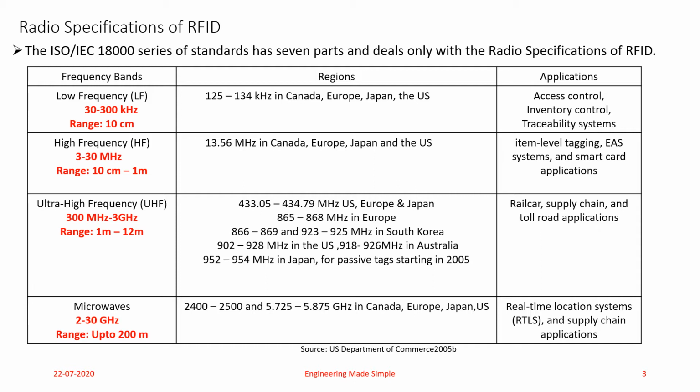Now the RFID devices, or RFID tags or readers, whatever you may call them, operate in these four frequency bands: the low frequency band of 30 kilohertz to 300 kilohertz, the high frequency band of 3 to 30 megahertz, the ultra high frequency band from 300 megahertz to 3 gigahertz, and the microwave frequency band between 2 gigahertz to 30 gigahertz.